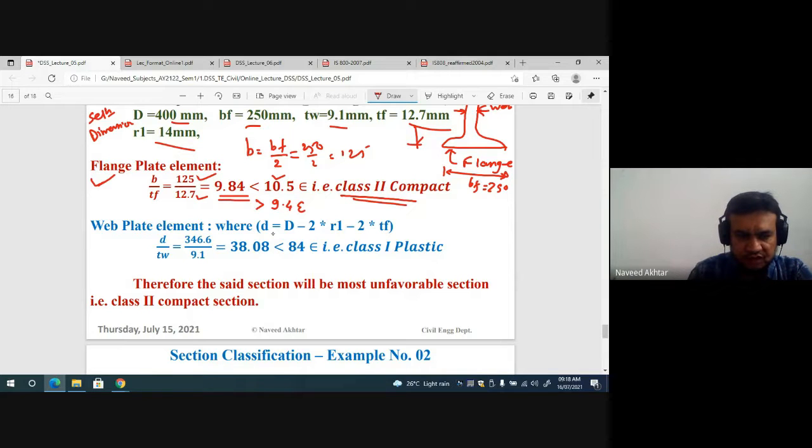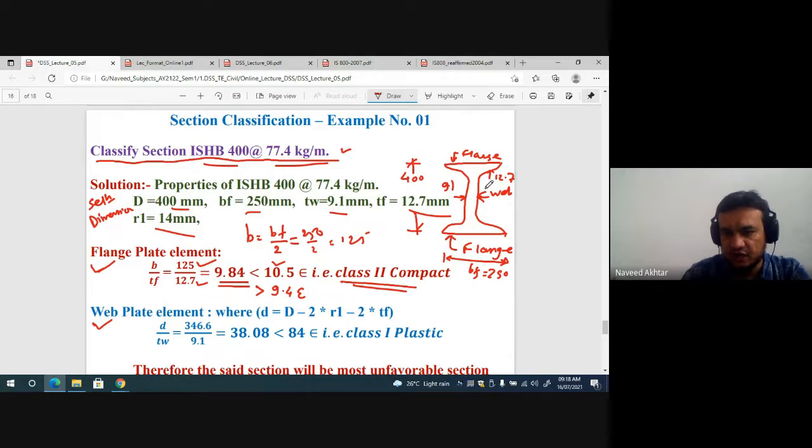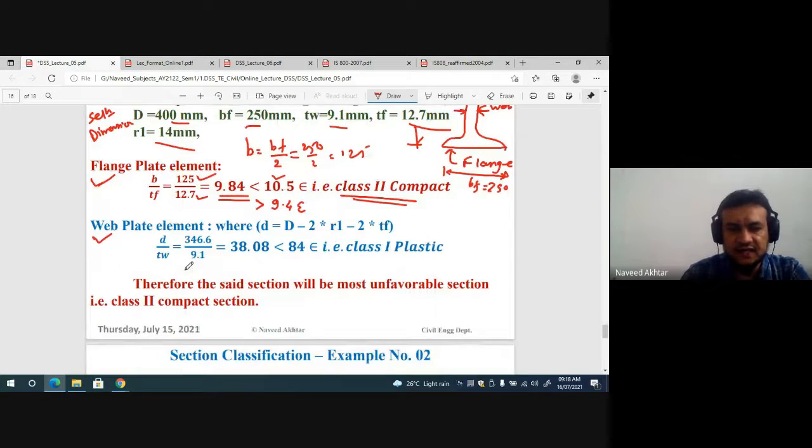Now we will come to the second element. The second element is the web plate of the I section. The flange is already over. Now the web plate: here the small d by tw ratio is given. Capital D is not given, so when capital D is given, you don't know the small d, so you can calculate small d.